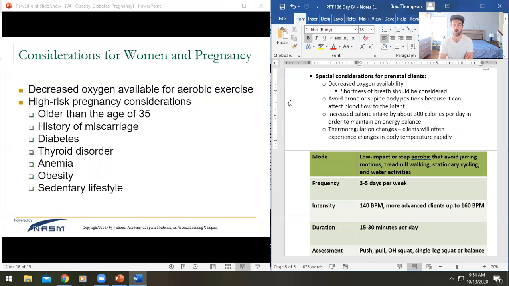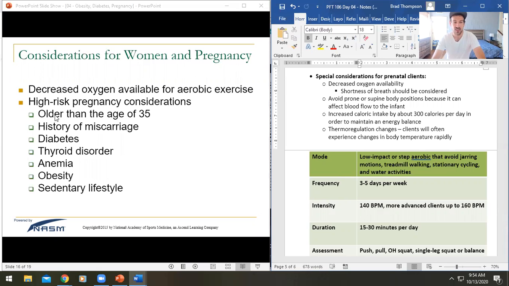So they're going to experience shortness of breath, kind of the same way obese clients will. That's because the diaphragm is going to have a little bit of trouble expanding. And at the same time, some of that oxygen they are bringing in is not going to their tissues, it's going to another human's tissues. So because of that, they don't have as much oxygen available. So shortness of breath is going to be very common in our prenatal clients, right?